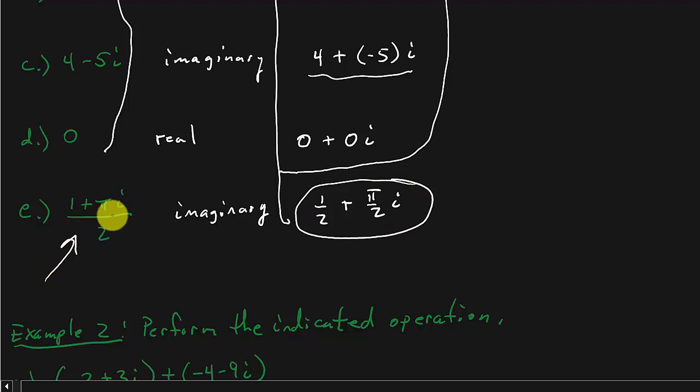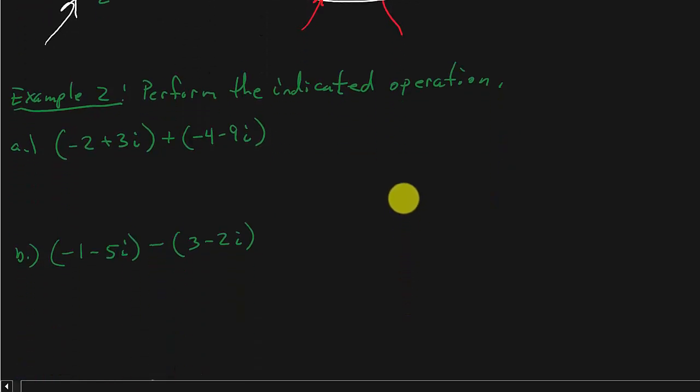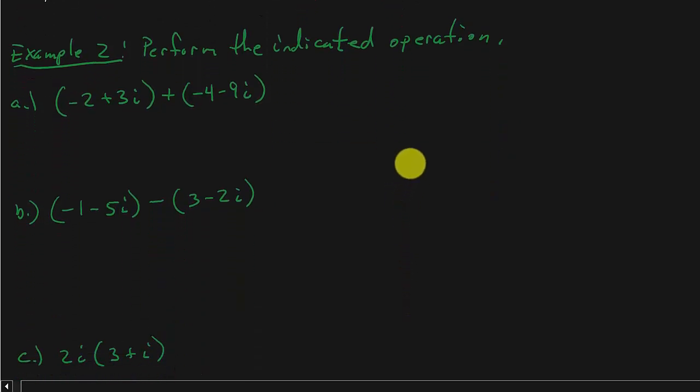If you have a fraction like this, I want you to split it up. I don't know, most of your teachers may want you to split it up like this, but I would want you to, so we can easily identify a and b. That's the reason.